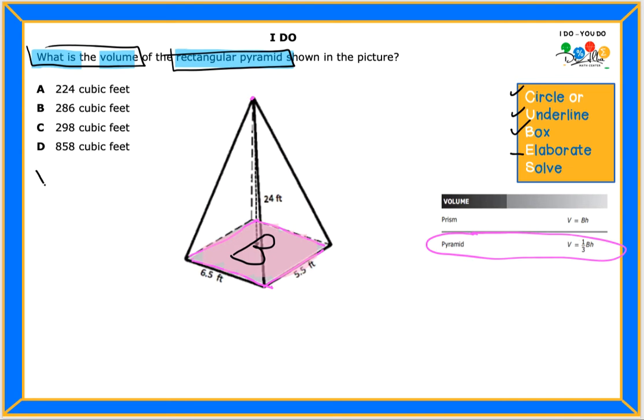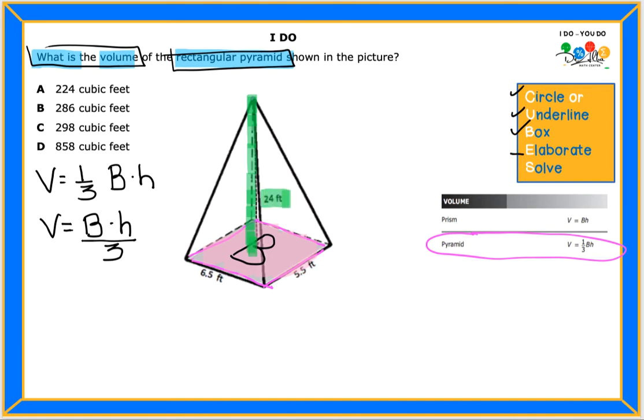On the chart it says that the volume equals 1/3 the area of the base times the height. I always like to rewrite this 3 and write it as area of the base times the height divided by this 3. Now I'm going to identify the height of the pyramid, which is the distance from the tip all the way to the base, which in this case is 24.